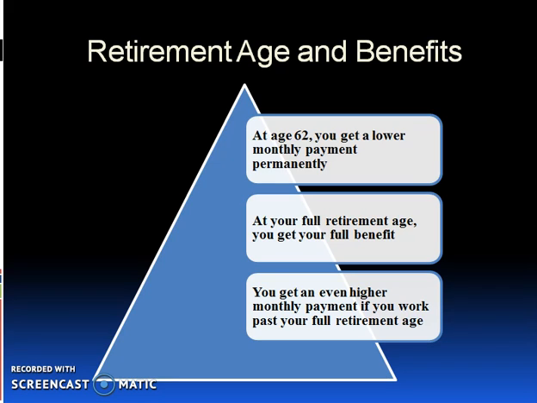However, the longer you wait, the higher your monthly benefit will be. If you wait until age 70, your monthly benefit will be much higher. That's a very good thing to consider if you are planning on retiring.